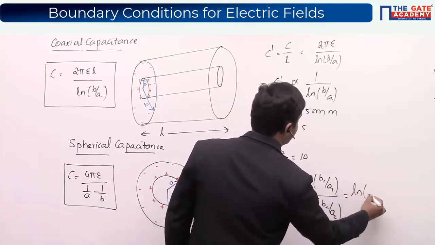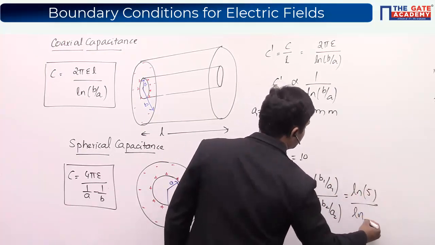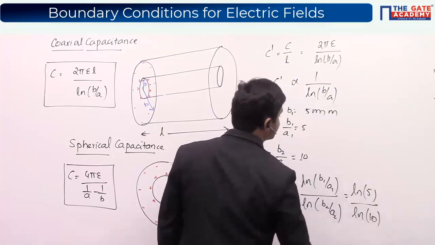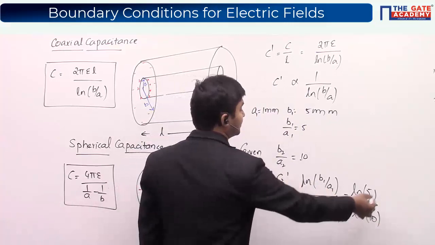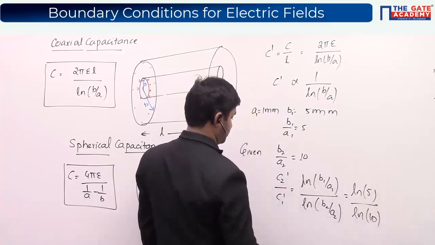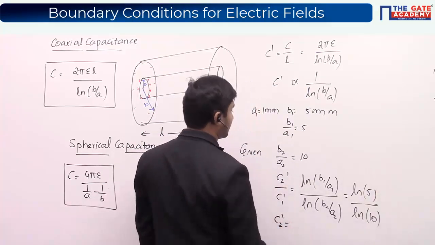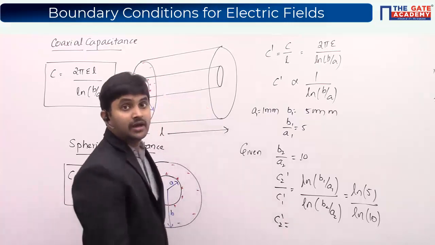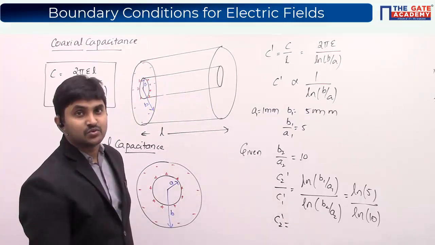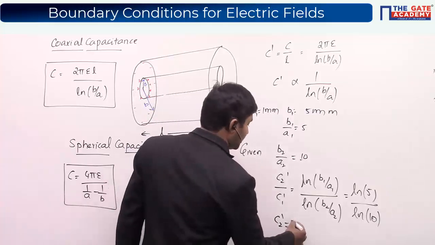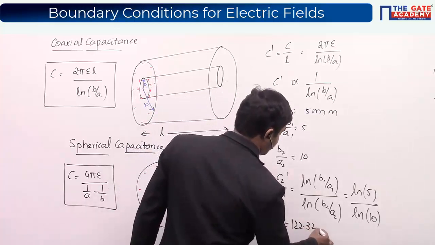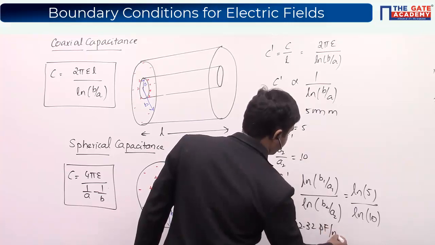So ln of B1 by A1 is 5, ln of B2 by A2 value is 10. Okay, so C2 dash will be equal to C1 dash multiplied by this particular value, which comes down to, as the students have suggested, 122.32 picofarad per meter.